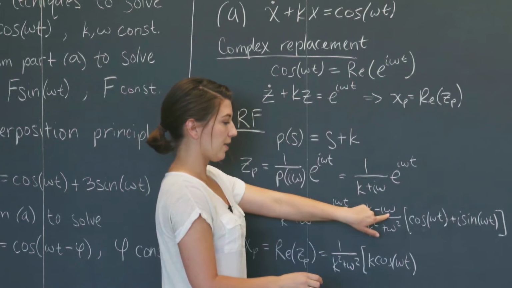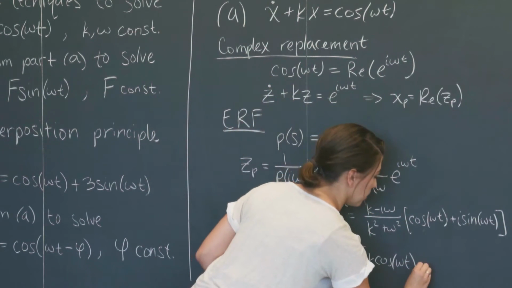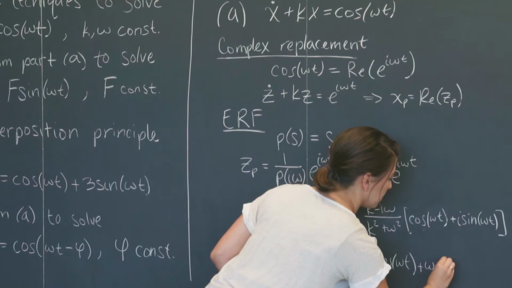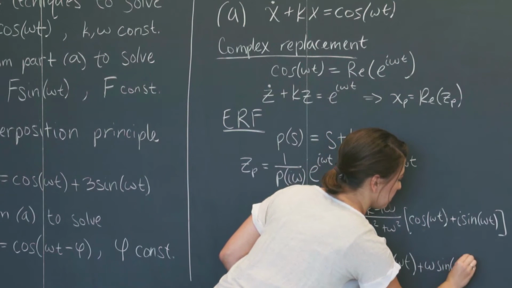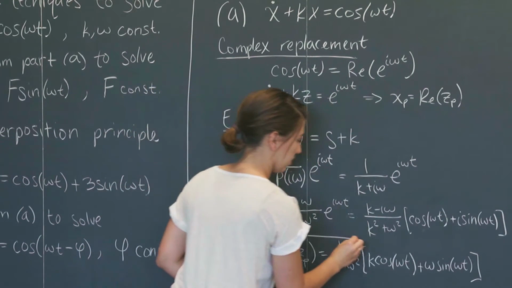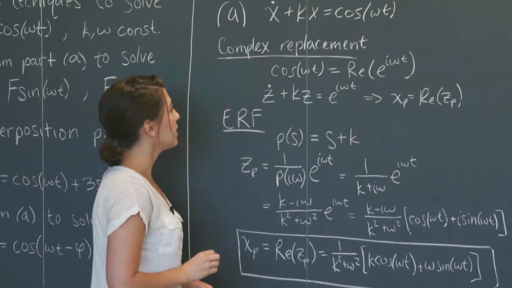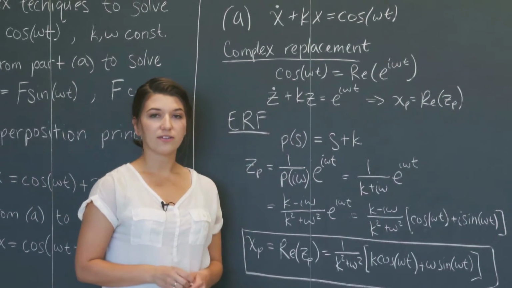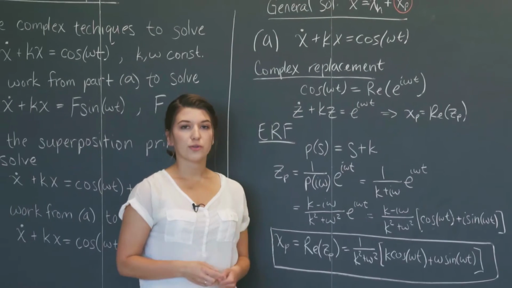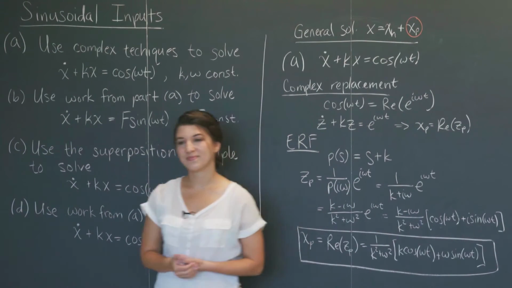And then minus I omega times I gives us a plus omega times sine of omega t. So this is our particular solution to the ODE in part A. Now that we've found this, I'll let you work through the problem in part B, and we'll be right back.